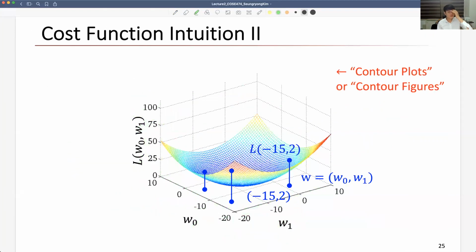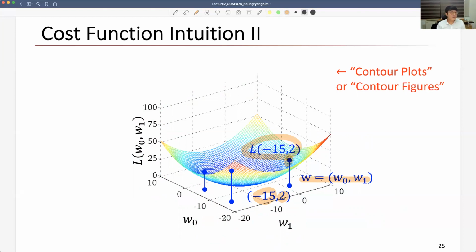So in this case, when W0 is equal to negative 15 and W1 is equal to 2, then the cost value of negative 15 and 2 will be here, right?